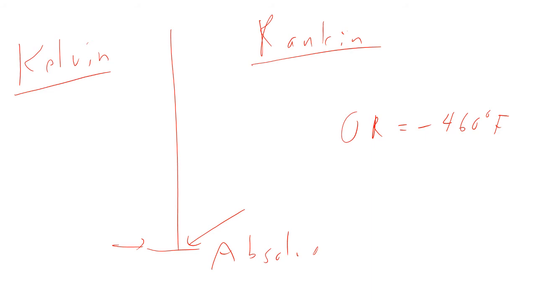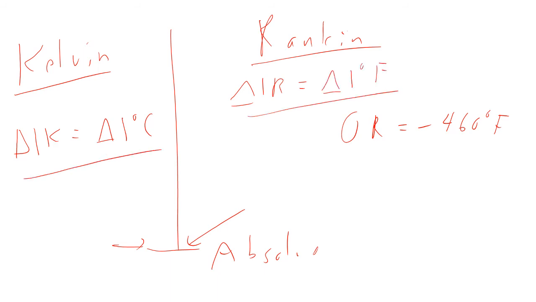For the Kelvin scale, a difference of 1 Kelvin is the same as a difference of 1 degree Celsius. A difference of 1 Rankine is the same as a difference of 1 degree Fahrenheit. So that's the big difference, just how big the degrees are. In either case, a degree is simply how far you've changed on your arbitrary scale that you picked.